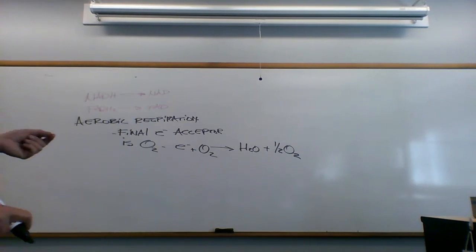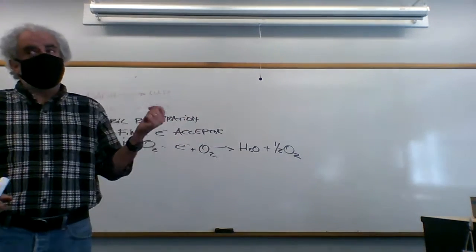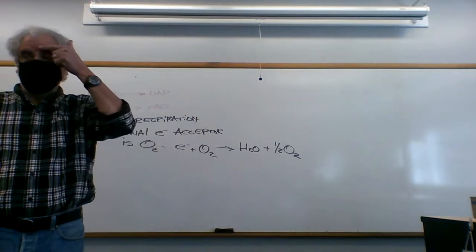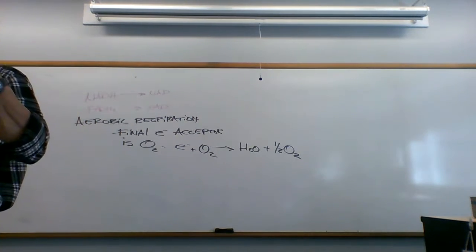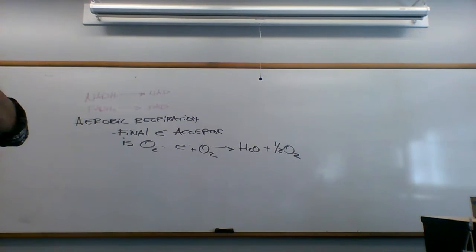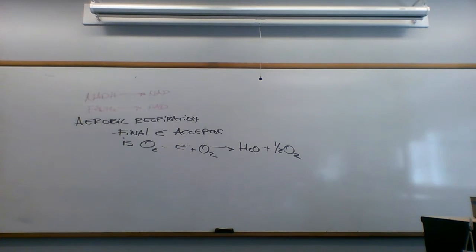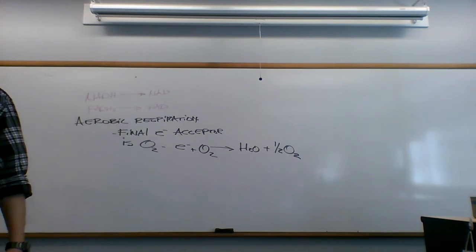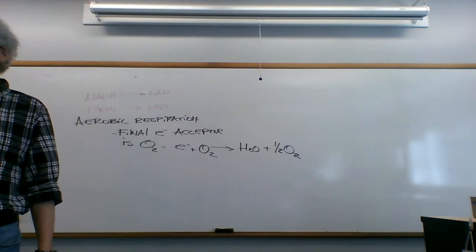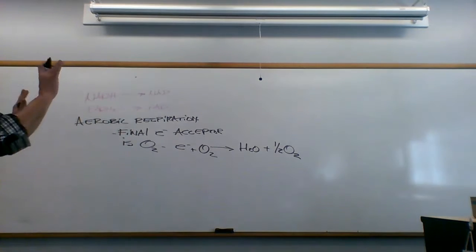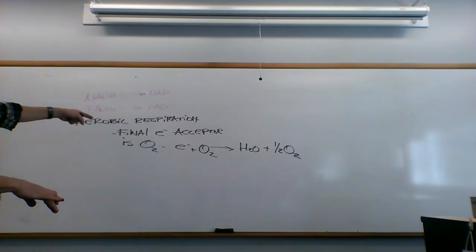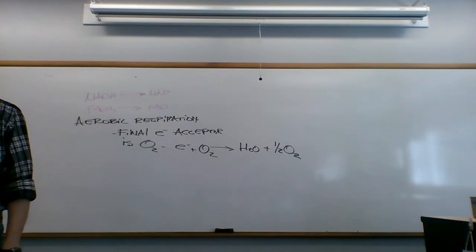Now, for you and I, that's pretty much the only kind of respiration that really works. We don't have the ability to use other things in the electron transport chain as the final electron acceptor. And this is one of the really cool and weird things about bacteria, that not all bacteria are using oxygen as the final electron acceptor.